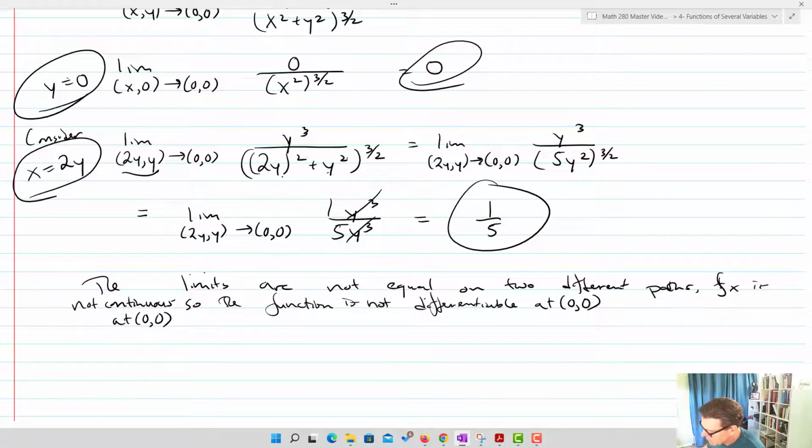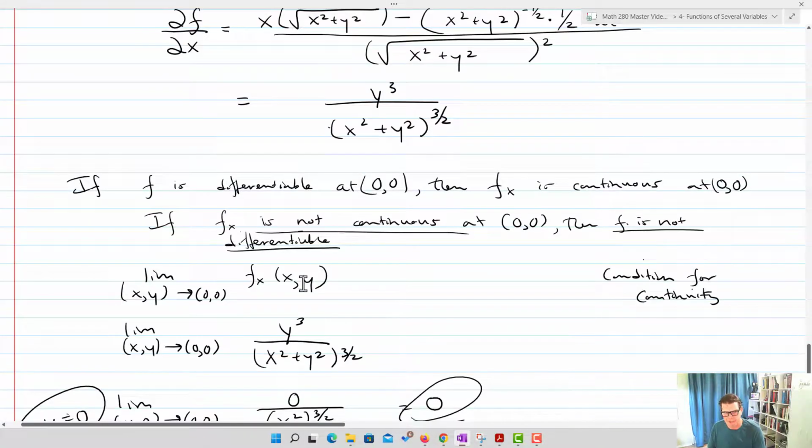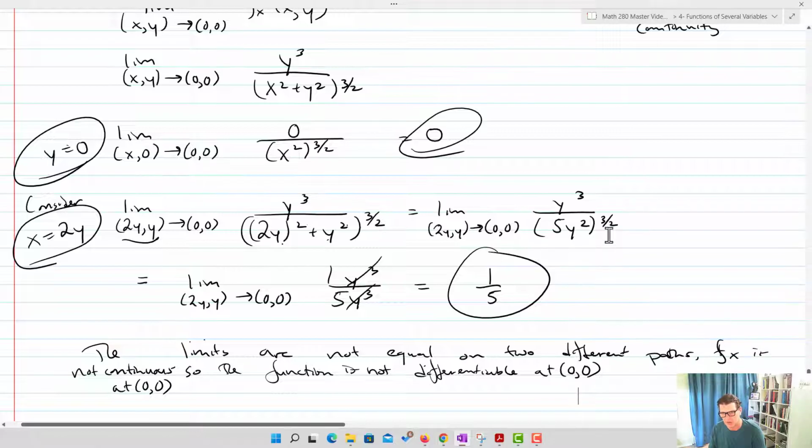Okay? So what we see here is that one of the partials, fx, was not in fact continuous at the particular point where we're looking for differentiability. And since it wasn't continuous, we get not differentiable, right?